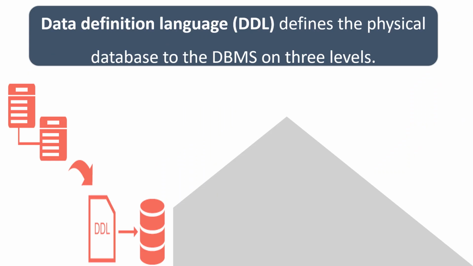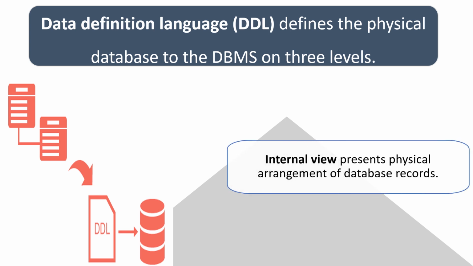The third element of the database environment is the data definition language, DDL. DDL defines the physical database to the DBMS on three levels. The first level is the internal view, which represents the physical arrangement of the database records, that is, how the data is recorded in physical form.